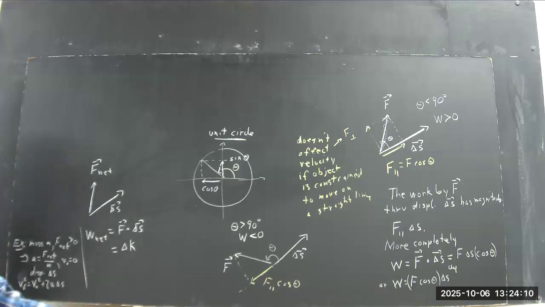Okay, I'm going to let you do this so you can be proud of yourself. A can be replaced by F net over M. So rewrite this familiar equation, substituting F net over M for the acceleration.